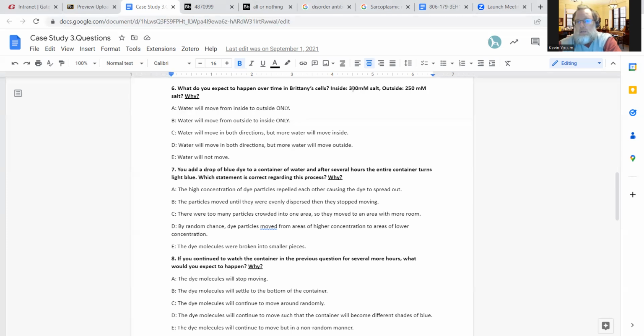So I could just move the extra salt out of the cell, right? And try to balance it out. That's going to be some sort of diffusion, where the solute is moving, right? All right. So remember the other option is we dilute.